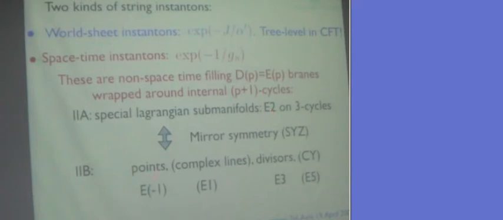In type IIB, we have points, E(-1), E1 branes on complex lines, divisors, E3 branes, and the entire Calabi-Yau space, which is then E5 branes, and these should again be related by mirror symmetry, by duality symmetry.